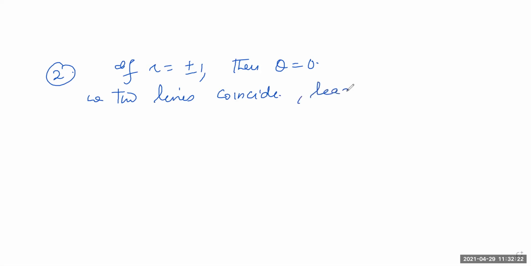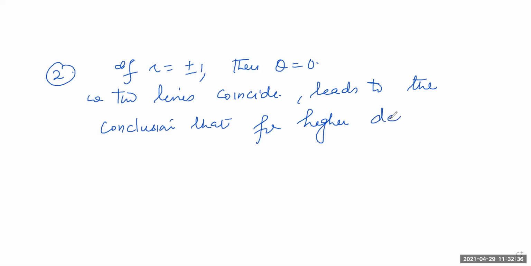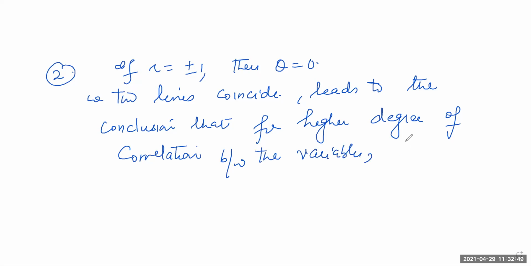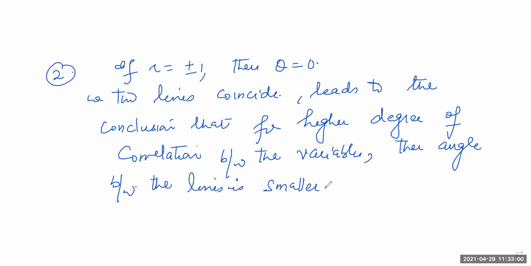It leads to the conclusion that for a higher degree of correlation between the variables, the angle between the lines is smaller.